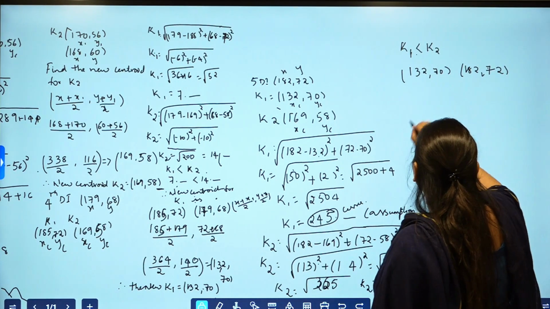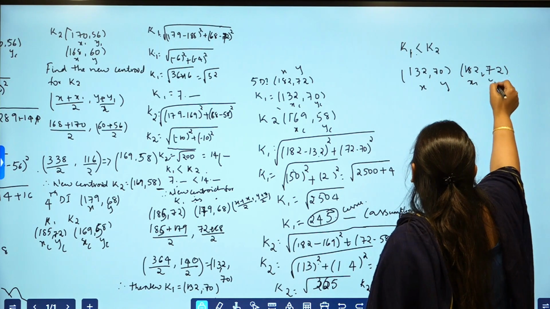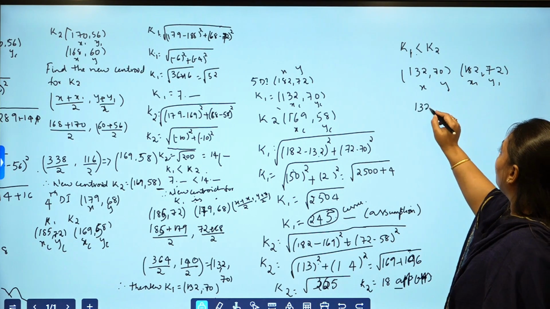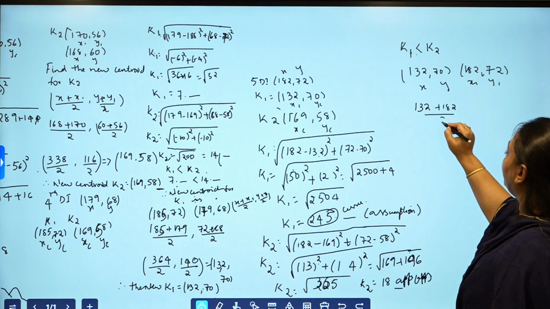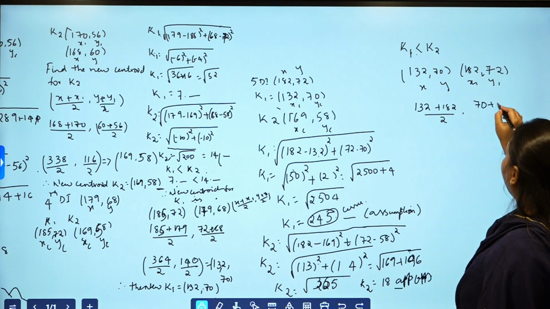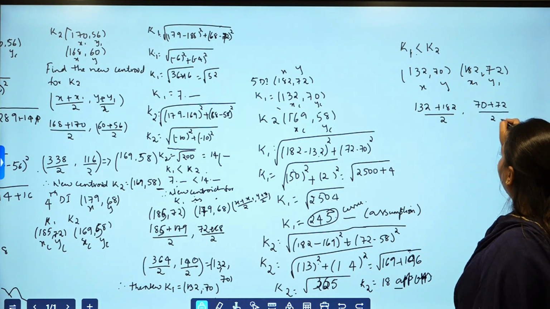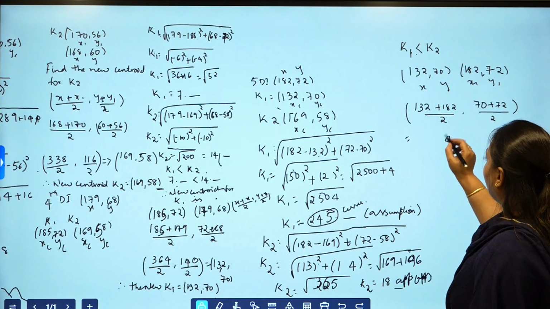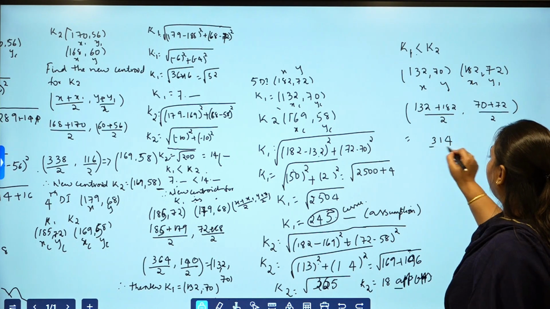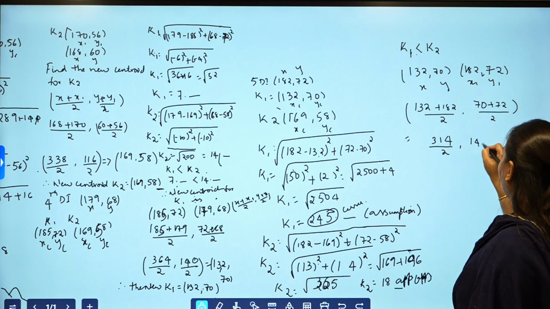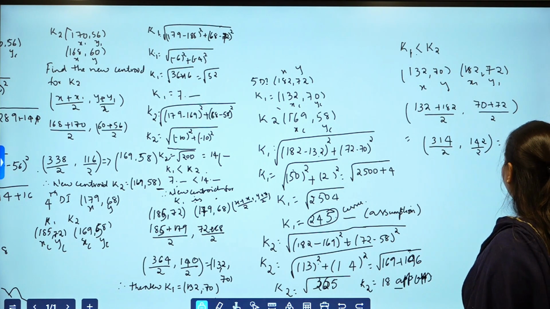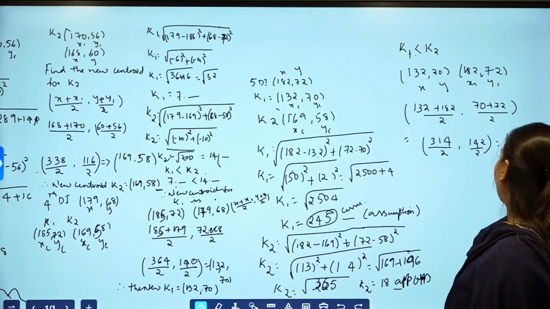So x, y, x1, y1: I will be taking it as 132 plus 182 by 2, next 70 plus 72 by 2. So now I will get 314 by 2 comma 142 by 2. So now what is the value here? 157 comma 71. This is my new centroid value.